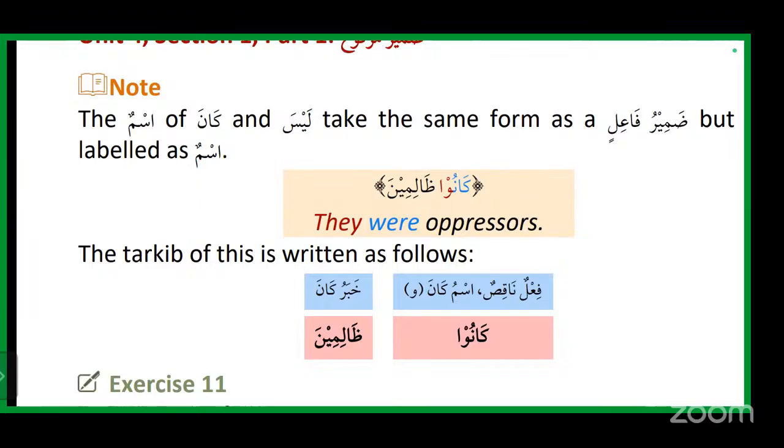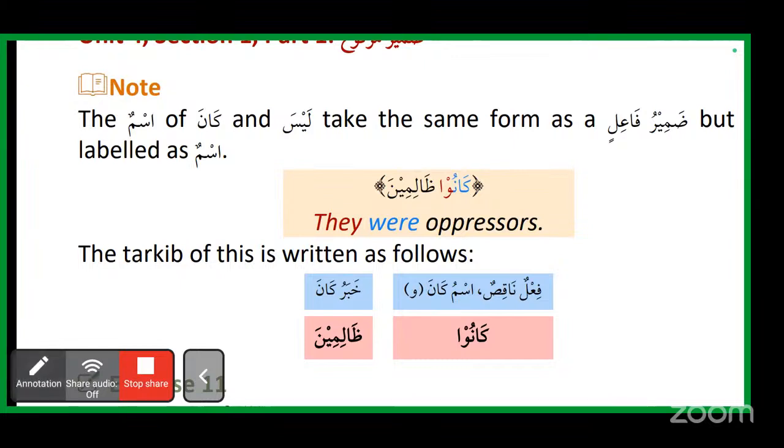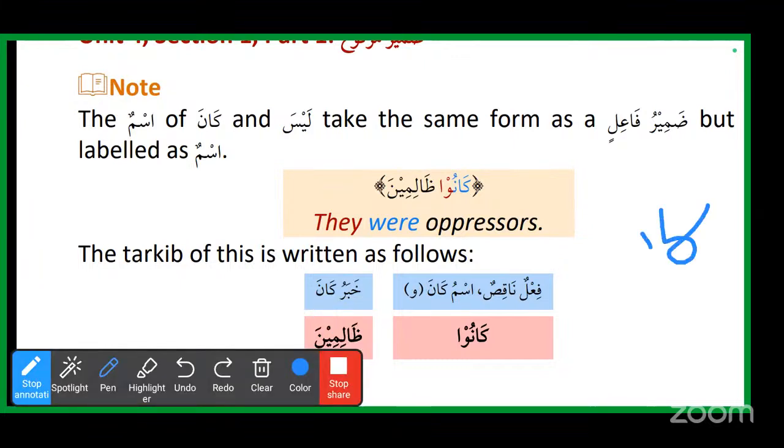Is this clear? It is clear, but there are times, if there is kana rajulu, then we don't count it as mustatir. We say rajulu is ismu kana. We don't say huwa is kana. We can say kana zalimun. It means that he was oppressor.